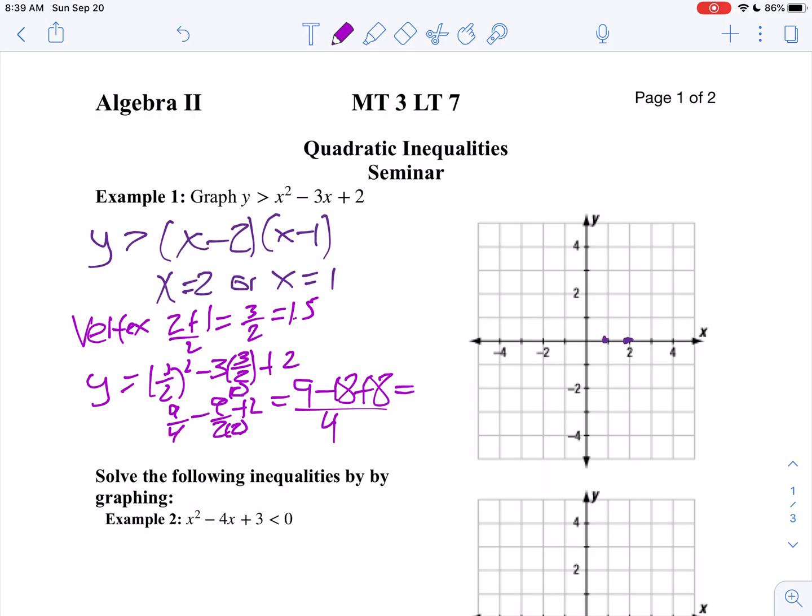Well, let me see. 9 plus 8 is 17, minus 18 is negative 1 over 4. So your vertex is at 3 over 2 and negative 1/4. Or it's easier to graph as a decimal, I guess: 1.5 and negative 0.25.